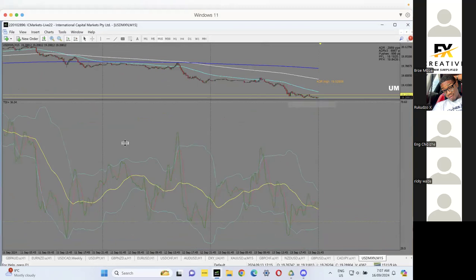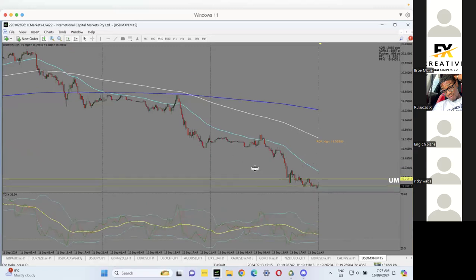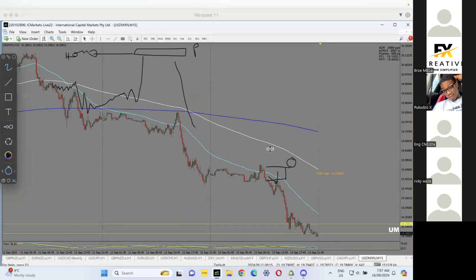What I'm trying to bring to your attention is this now. Level 2, instead of the market doing what it did, it then decides either to go to the 200 and sell, or go to the 800 and sell.